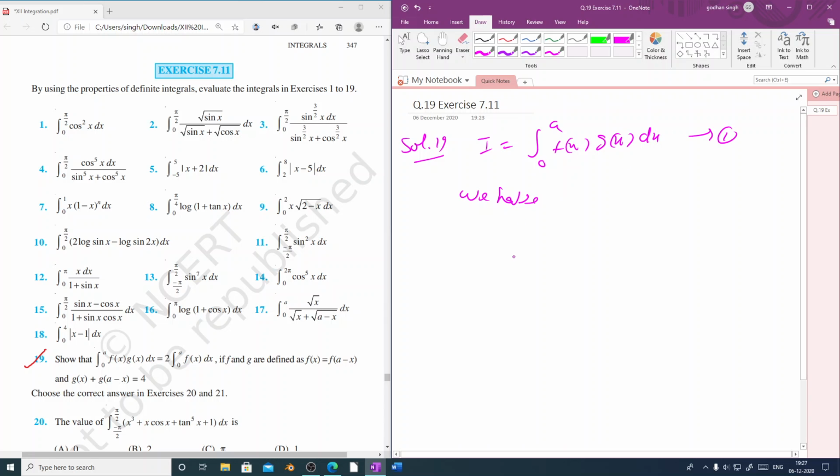What we are having is f(x) is the same as f(a minus x), and g(x) is equal to 4 minus g(a minus x), and let this be 2.